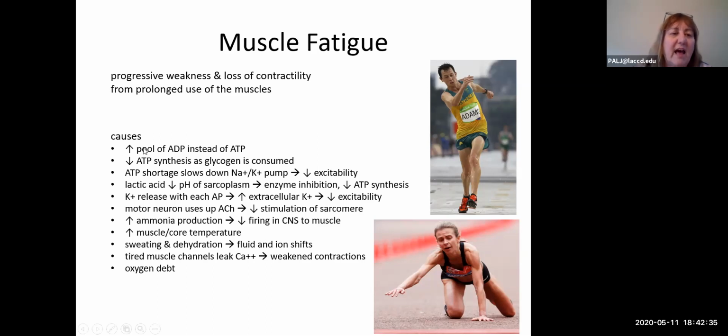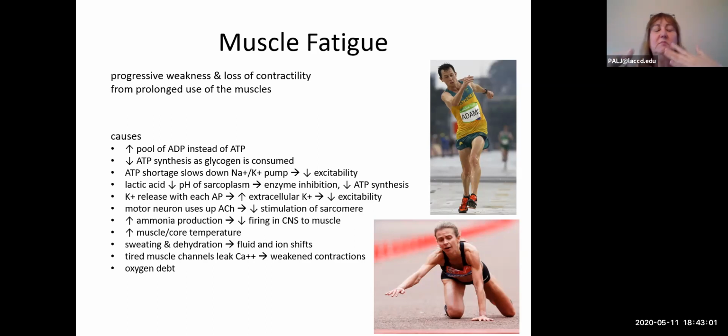But basically what happens is we're using up our ATP, and so our ADP levels are getting higher than our ATP levels. And as we are consuming our storage of glycogen, the marathoners and the ultra marathoners are using up their total glycogen stores, and so they're not able to make any more ATP.